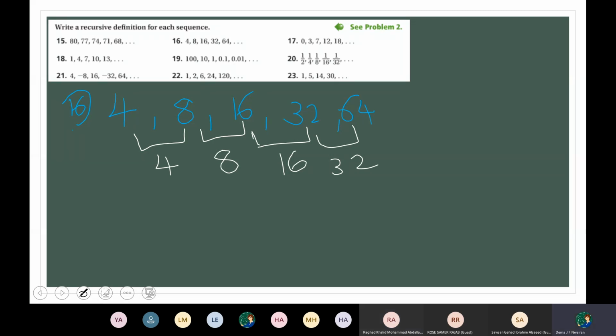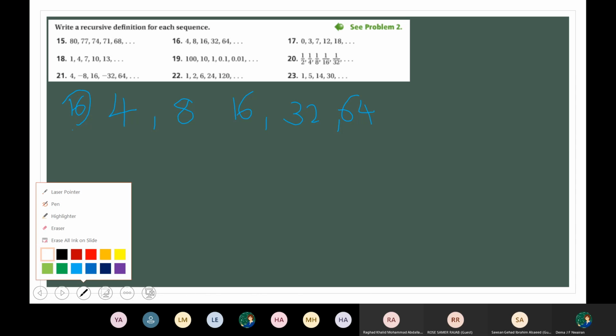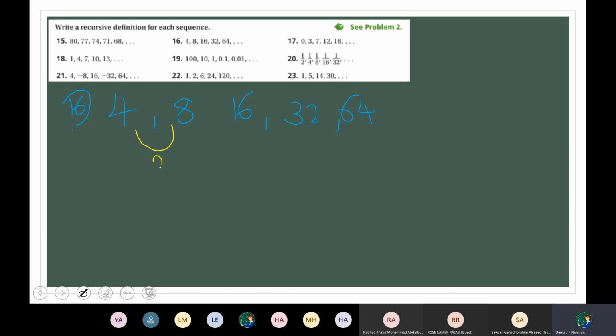We can find a formula here, but let's try now using the ratio. 8 divided by 4 is 2. 16 divided by 8 is 2. 32 divided by 16 is 2. 64 divided by 32 is 2.